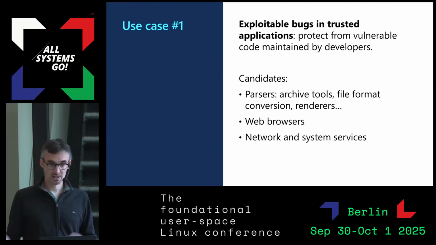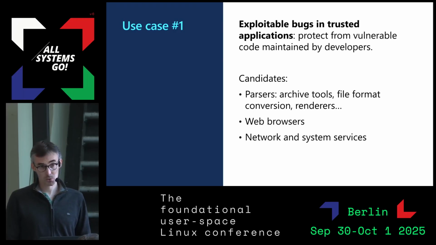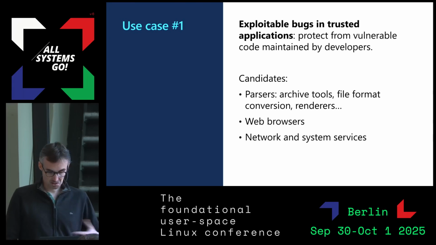Trust here might be different. It might not be binary. You have different levels of trust, but that's the main idea. So that fits very well for highly sensitive pieces of code, like for instance parsers, web browsers, and some system services that might be exposed to the network, for instance.